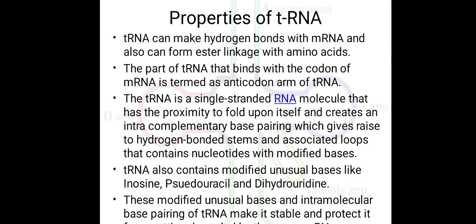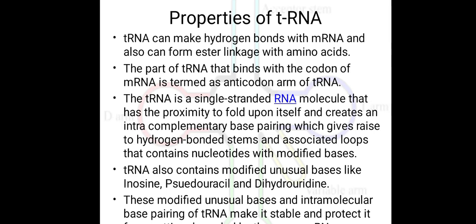Now we switch over to the specific properties of this transfer RNA molecule. This transfer RNA molecule can make hydrogen bonds with the messenger RNA and can also form an ester linkage with the amino acid. Means during the aminoacylation of tRNA molecule, or the charging of tRNA molecule, this ester linkage gets formed with the amino acid.